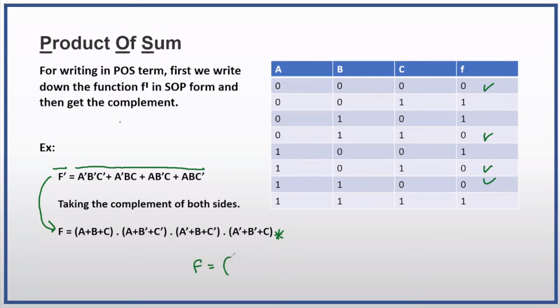You can directly, there are four terms of sums, as there are four zeros, and as there are three inputs, all are made with A, B, C inputs.